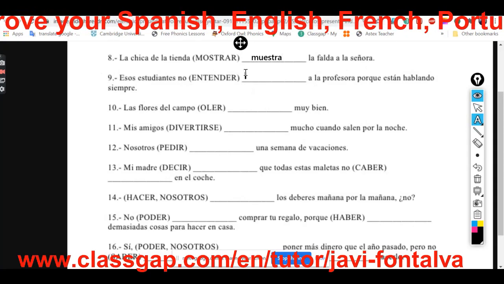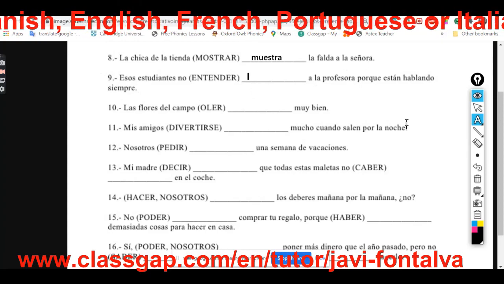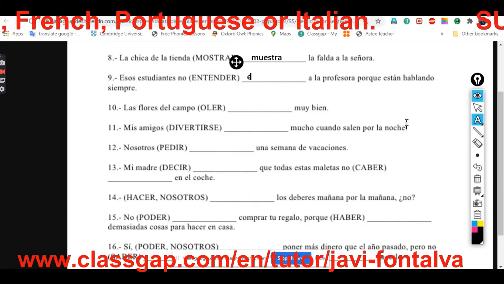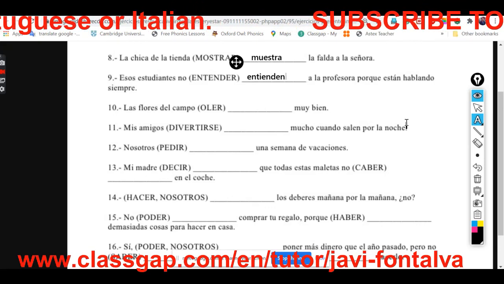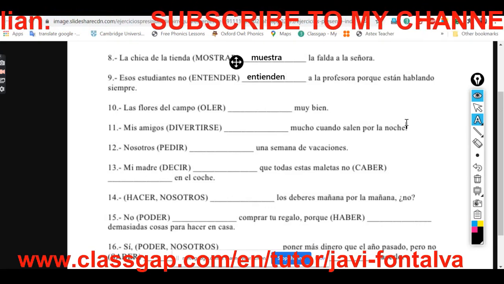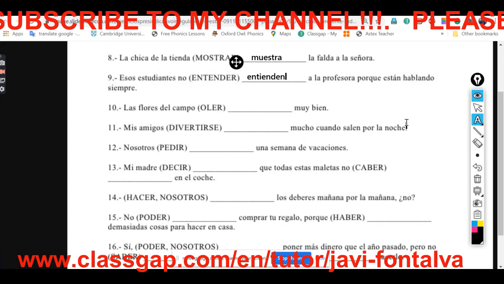Number 9. Estos estudiantes no entienden a la profesora porque están hablando siempre. What does this mean?